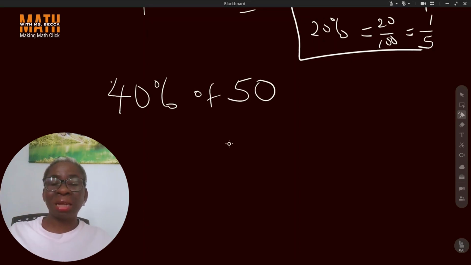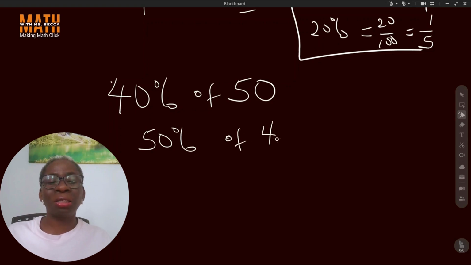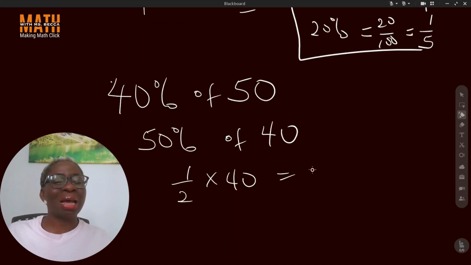So when you have something like this, just flip it so that we have 50% of 40, and 50% is 1/2. That means half of 40, and that will give 20. That's simple. You can easily do this without writing it down.